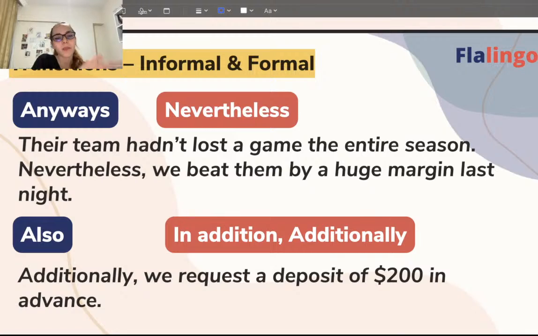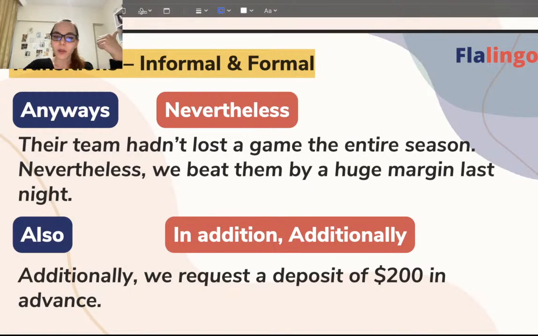So I can say anyways, like forget about it, anyways. Yeah. And in formal English, we say nevertheless. Their team hadn't lost a game the entire season. They were always successful. Nevertheless, we beat them by a huge margin last night.